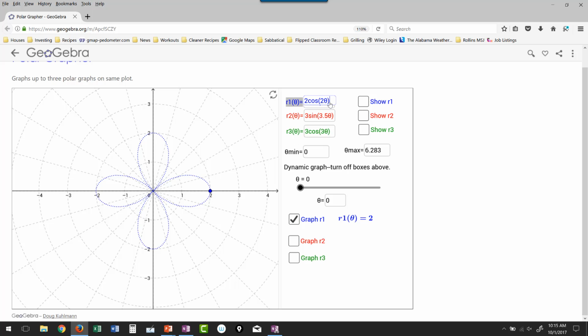Let's just deal with one at a time. Right, in the last slide, the claim was we can do a straight line by taking 3 divided by cosine.